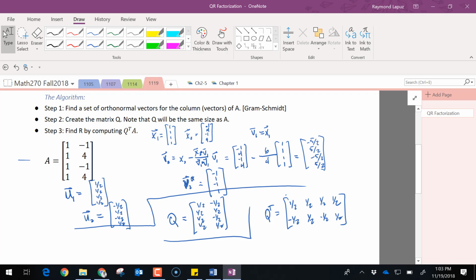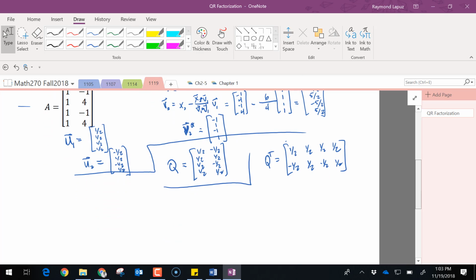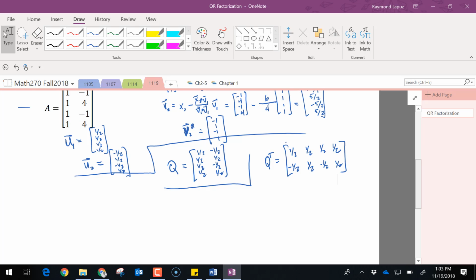So that's Q^T. And then now we multiply that by A. So R is going to equal Q transpose times A, which is this matrix that we just wrote, times A: 1, 1, 1, 1, negative 1, 4, negative 1, 4.